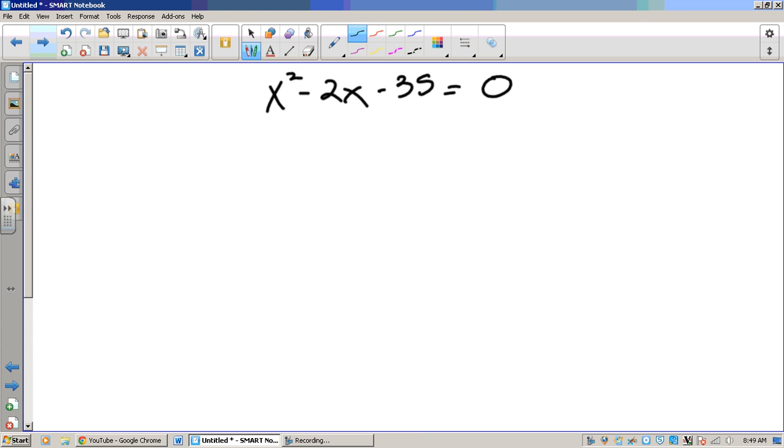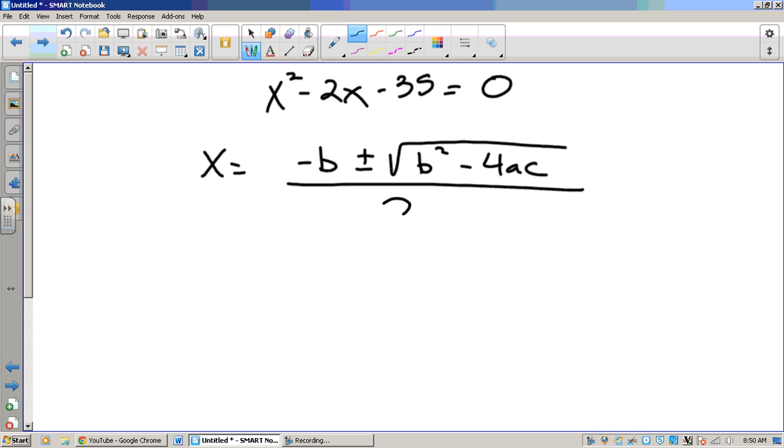You already, oh, so you're one of those who really did need to write it down, but you didn't write it down when I suggested. So, this time, you're going to write down the quadratic formula. Quadratic formula is x equals negative b plus or minus the square root of b squared minus 4ac all over 2 times a.